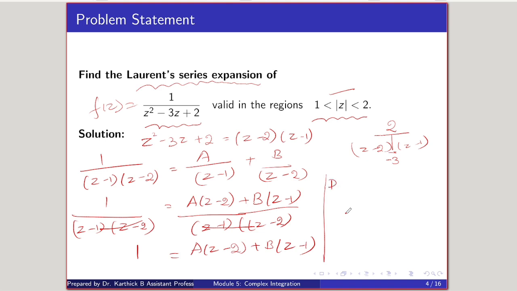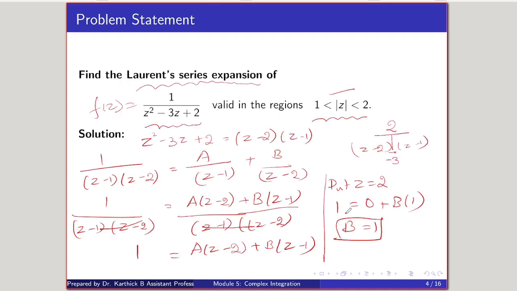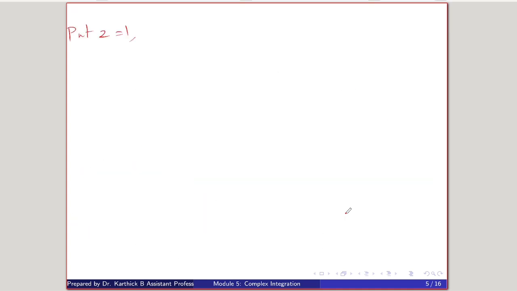If I put z equal to 2, then 2 minus 2 is 0, so here it will be b into 2 minus 1, which is 1. So the value of b will be 1. And if I take z equal to 1, the given relation is 1 equals a into z minus 2 plus b into z minus 1.